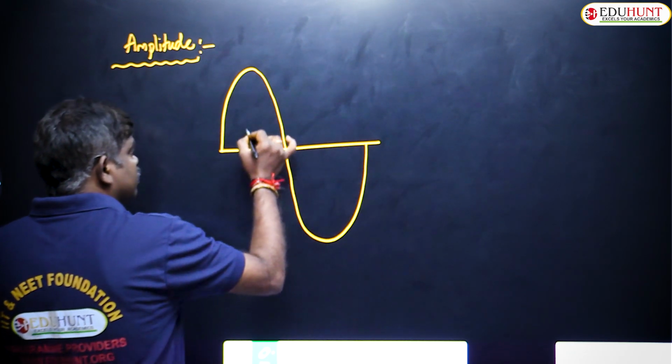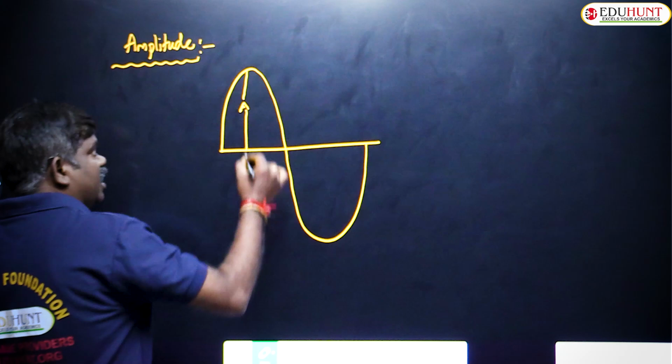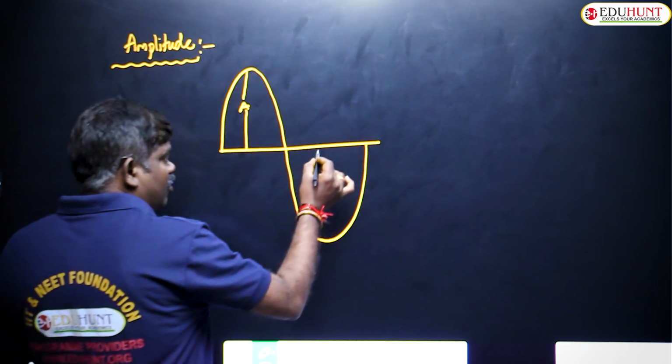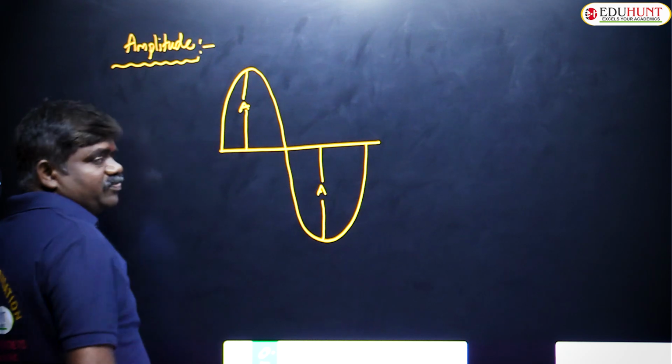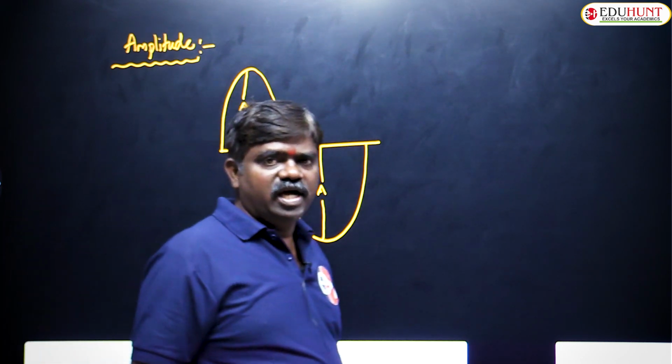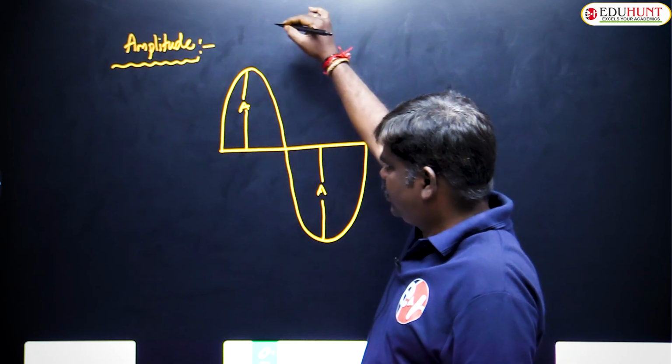Here the height of the crest, or the depth of the trough, is known as amplitude.